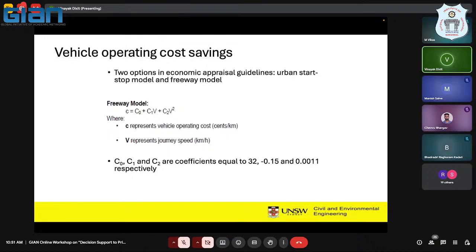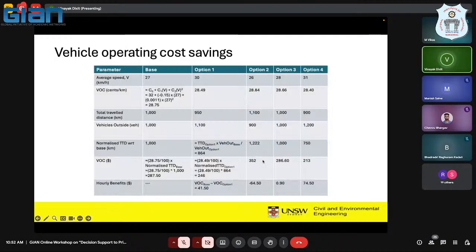You'll have different C0, C1, C2, and also a different formula for a freeway, which is basically a national highway, and an urban road, because the wear and tear on urban roads is very different, right? So that is one point. Assuming that we have these coefficients, we can also do an analysis based on vehicle operating costs.